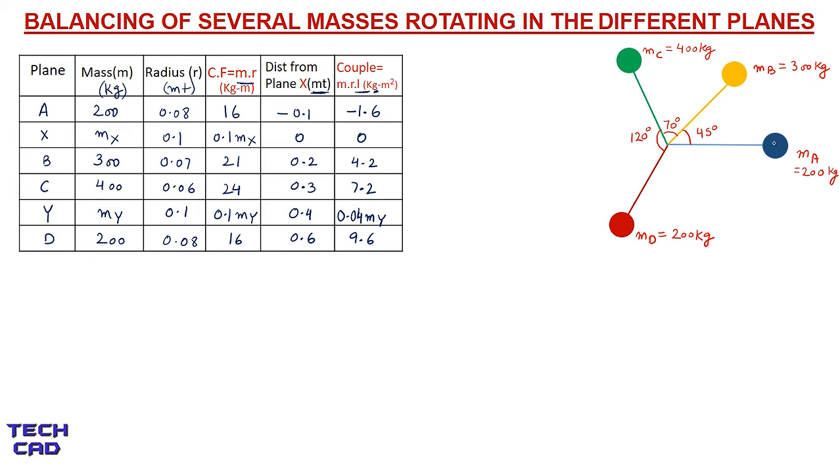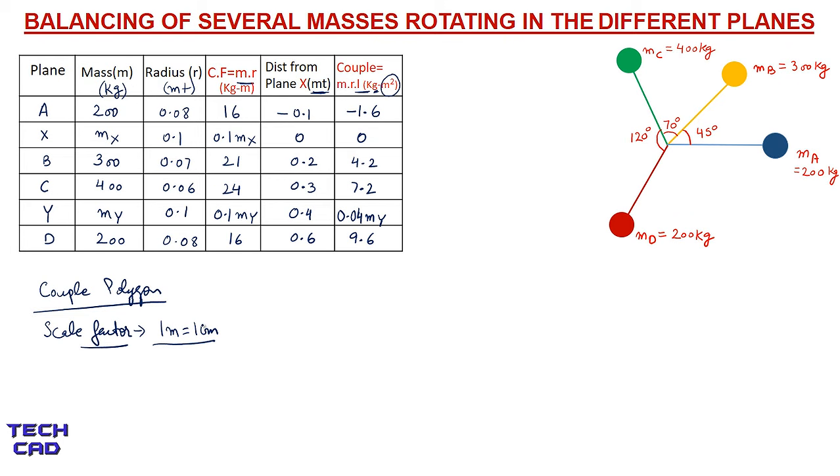So this is a space diagram, and with the help of this space diagram we will make the couple polygon. Before making a couple polygon, we have to consider a scale factor. As we know that couples are in meters, we have to convert those into centimeters, because it is not possible to make lines of meters on an A4 size page. So I will assume that 1 meter is equal to 1 centimeter.